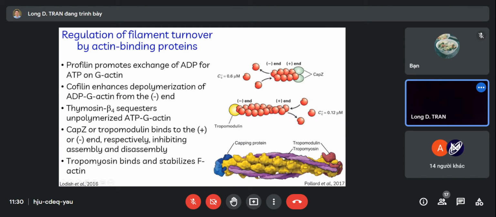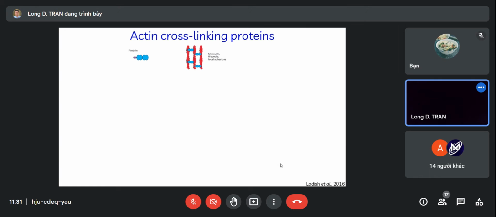So for any stable actin structure, we could expect it to have at least these three proteins: CapZ at the plus end, tropomodulin at the minus end, and tropomyosin along the length of actin.